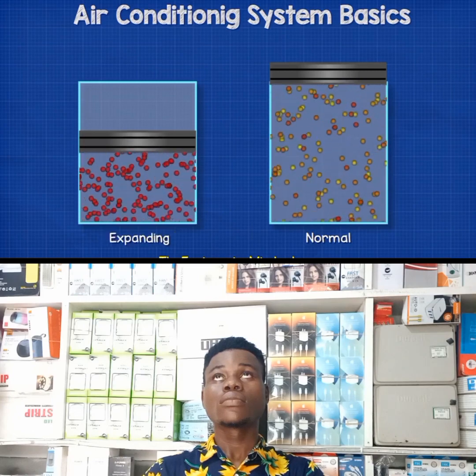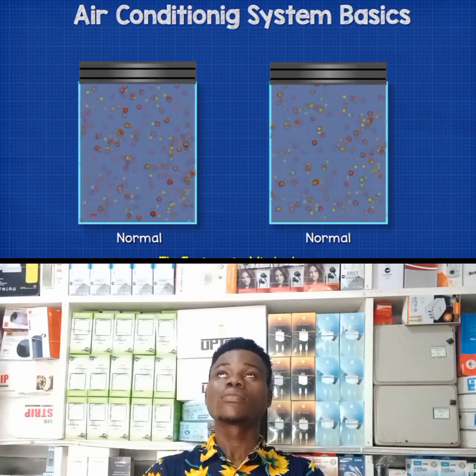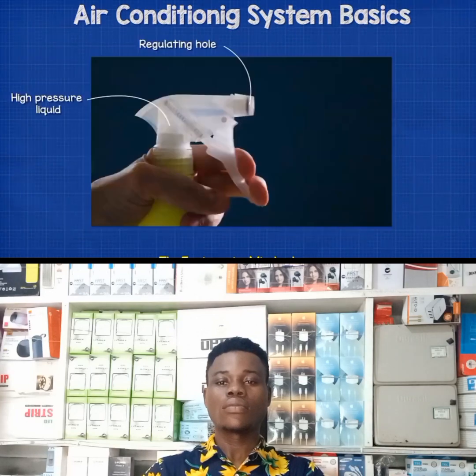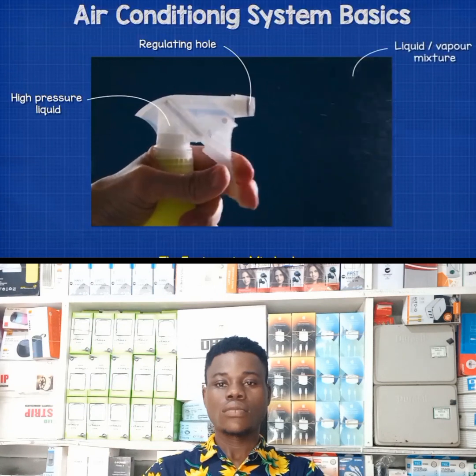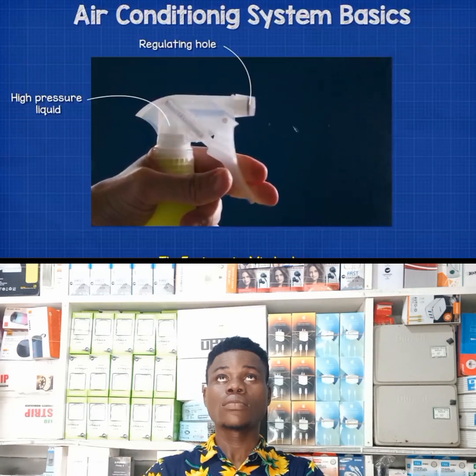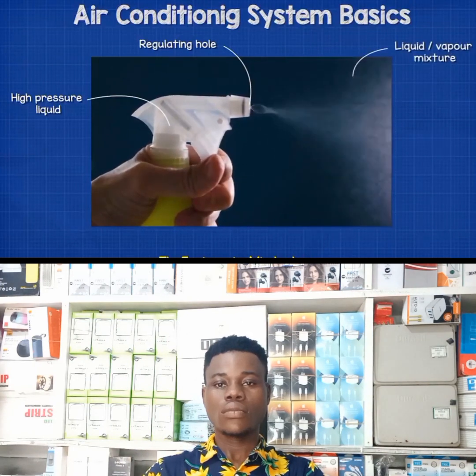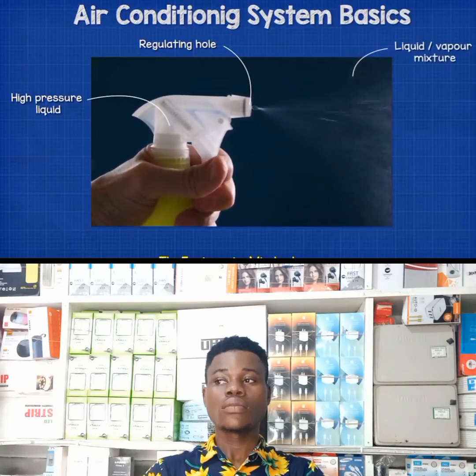The refrigerant will expand to try and fill the empty space on the other side, and this will cause it to drop in pressure as well as temperature. It's a little bit like spraying a deodorant can or a spray paint can. It flows through a small hole, causing it to expand as a part vapor and part liquid mixture, and then we can feel the can become cooler.